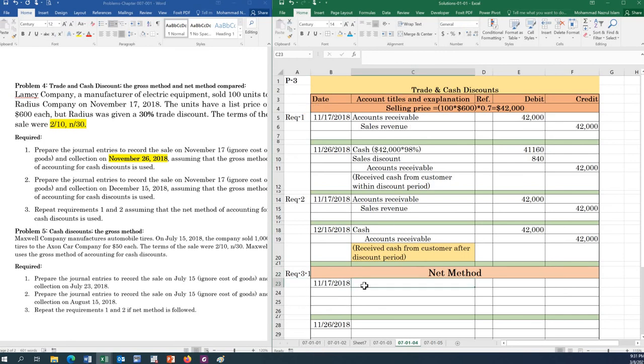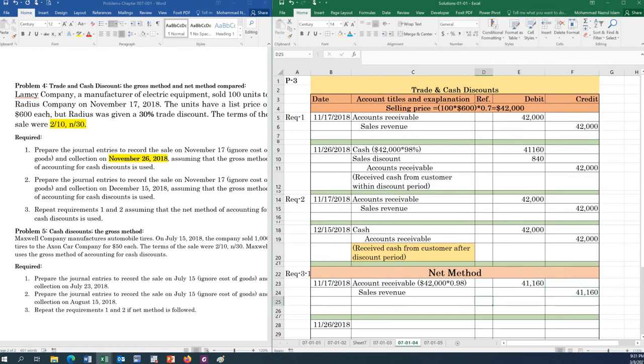Okay, so what we are doing, we will be recording the net amount. So net amount means our total sale is 42,000, but we will be recording 98%. So the 98% is 41,160. So sales revenue, that is 41,160.